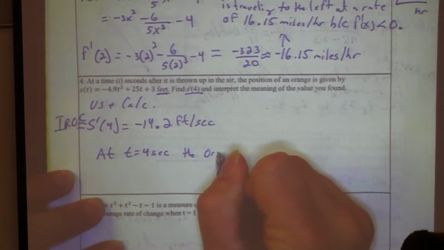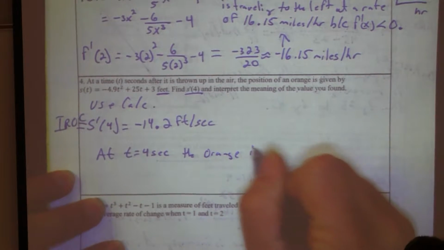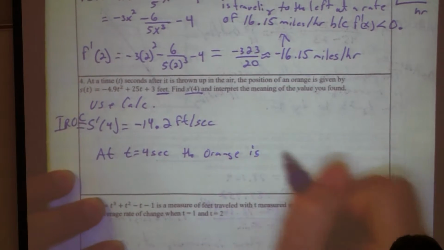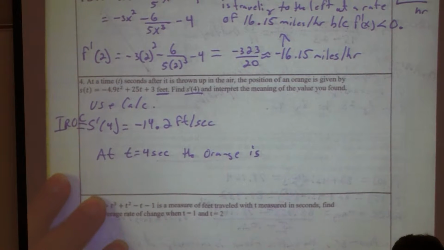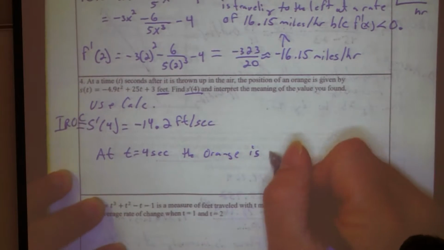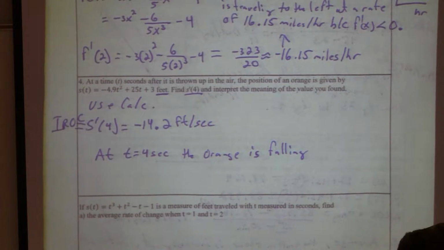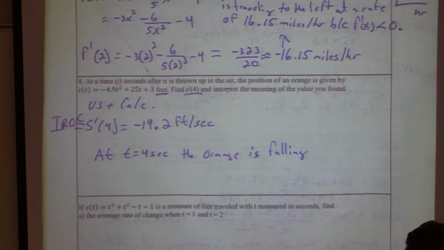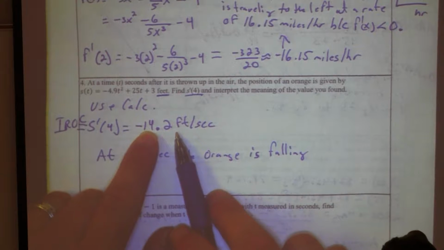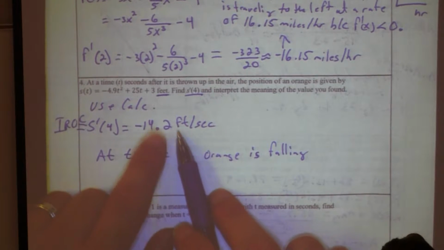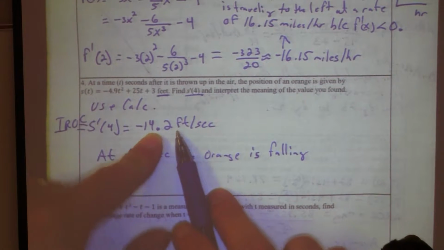The orange is falling. Why falling? Because you threw it up and it's coming back down. How do I know it's coming back down? What if at 4 seconds it was still going up? The value, the feet per second, is negative. The rate of change is negative.